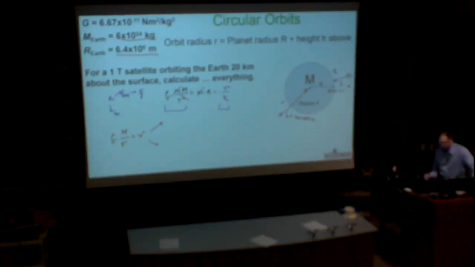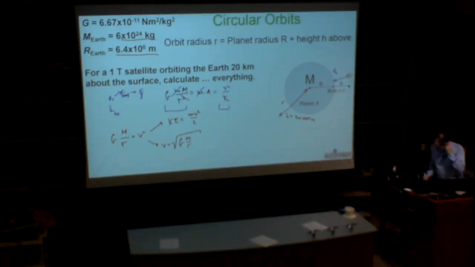What do we do with that? First, we can calculate immediately the kinetic energy of the satellite, because kinetic energy equals mv squared over 2. Second, we can calculate that speed. Just take a square root of this, right? So what do we want to explore first?